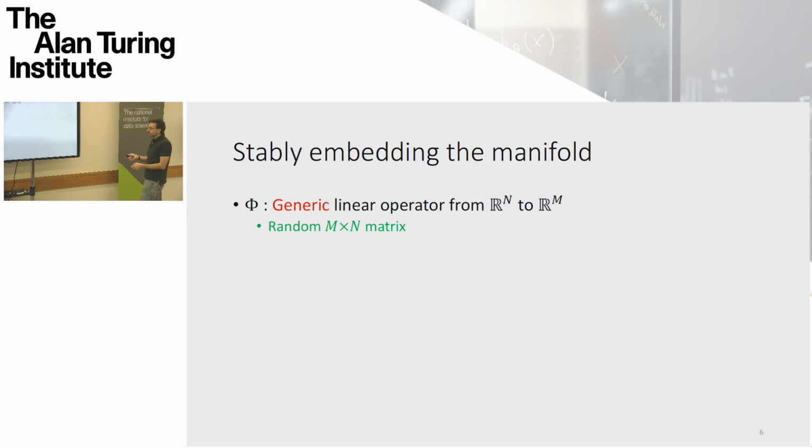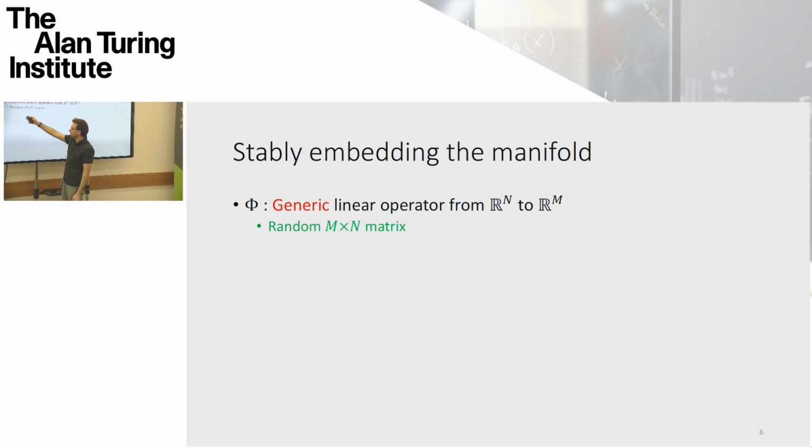The answer is that, as a matter of fact, they are very easy to construct, and there are plenty of them out there. Let's just imagine that phi, the measurement operator, is a generic linear operator from R^n to R^m. By that, I mean that we can represent it with an m by n matrix, and it's random.